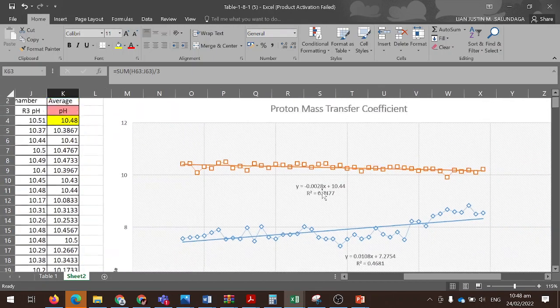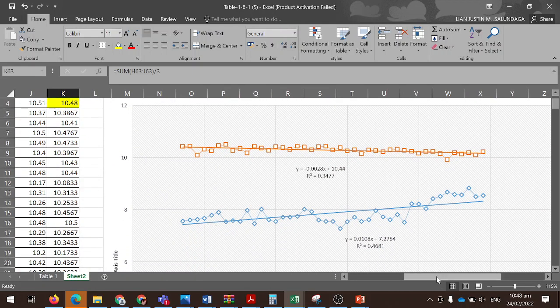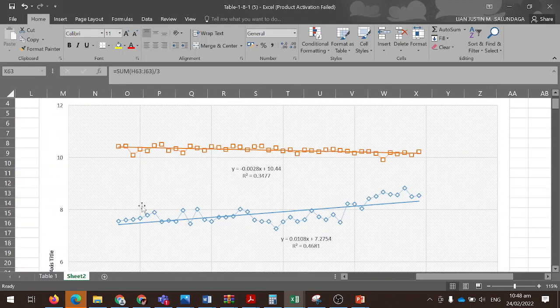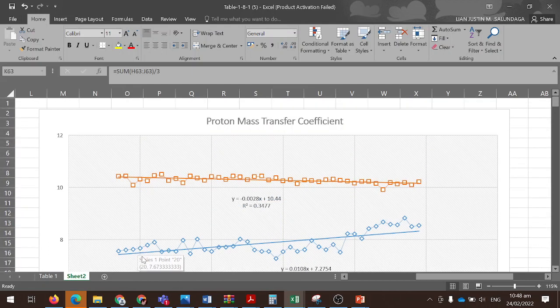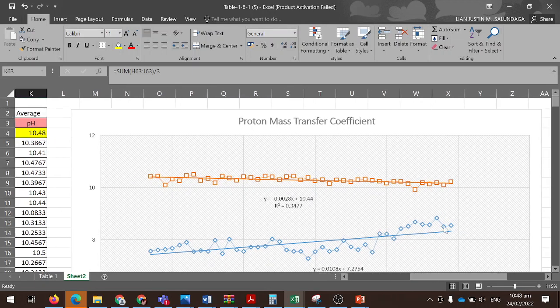But the proton is transferring, the proton that we have monitored is increasing, no? If you could see, the first line is more precise than this line, no? The precision of this is the operating line, but the points are higher, no?